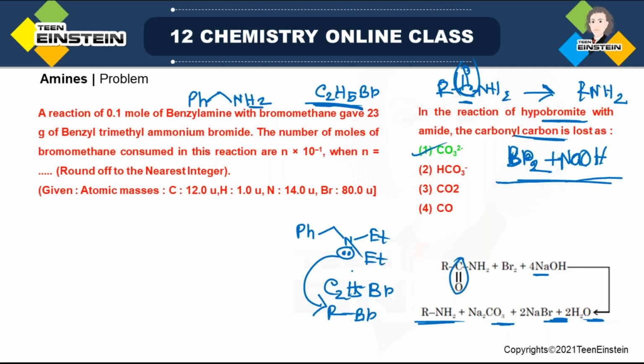But this attack is possible, right? You have started from a 1 degree amine, you are treating it with bromomethane. So the final product you are getting is benzyl trimethyl ammonium bromide. Sorry, it is bromomethane, not bromoethane. So it should be CH3, it is methyl.